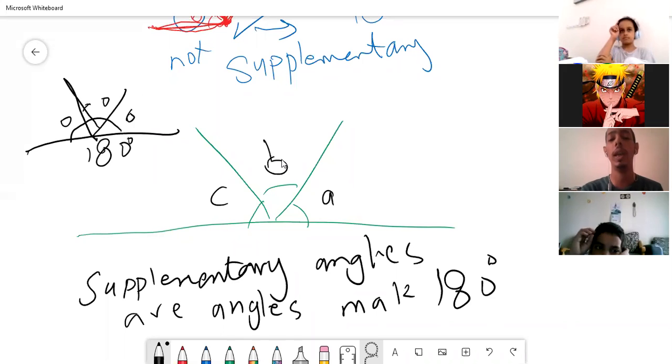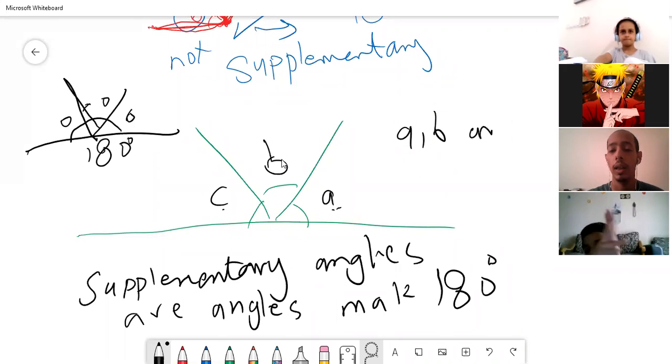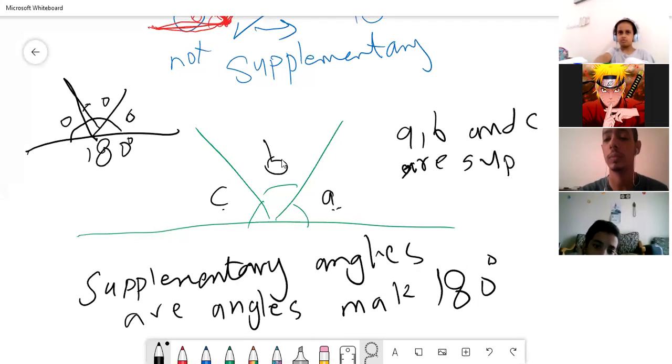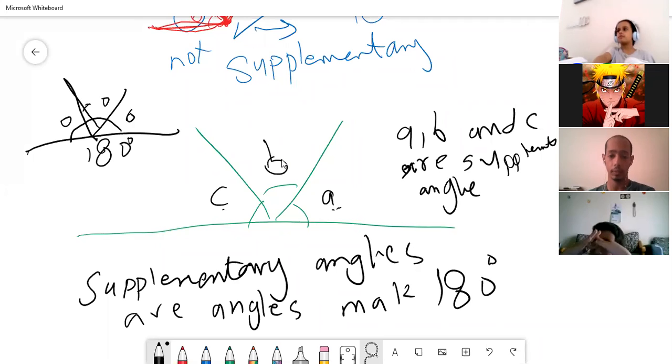If you add only A and C or A and B only, you're not gonna get 180. So A, B, and C all are supplementary angles. Why? Because all of them are on the straight line. Is that clear? You have to focus on this.